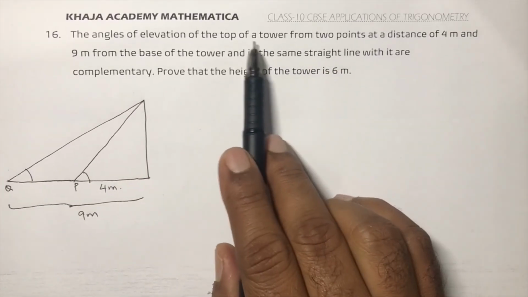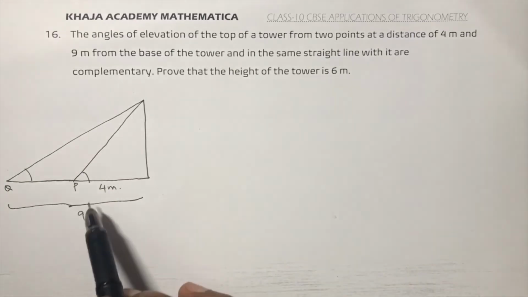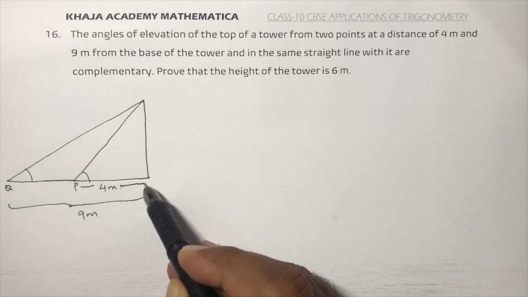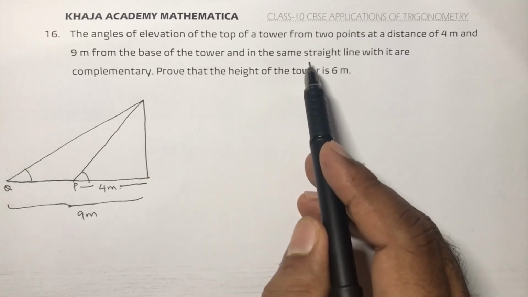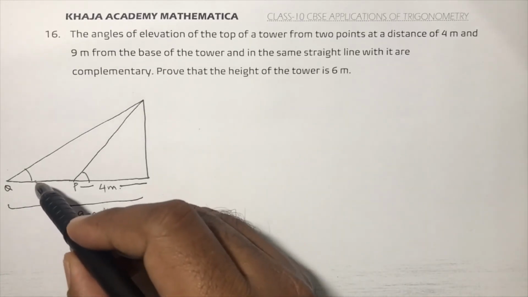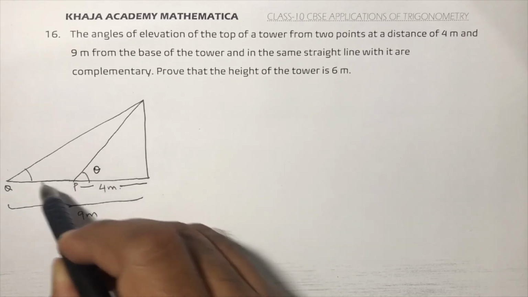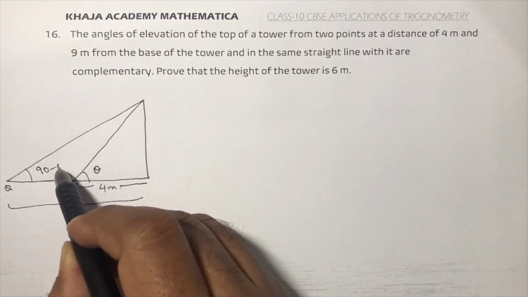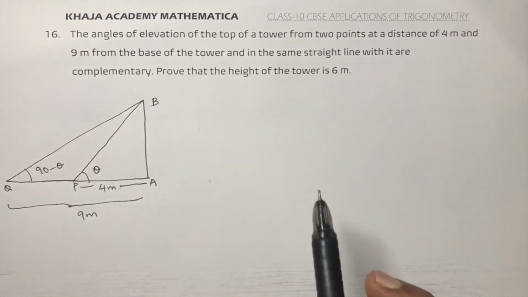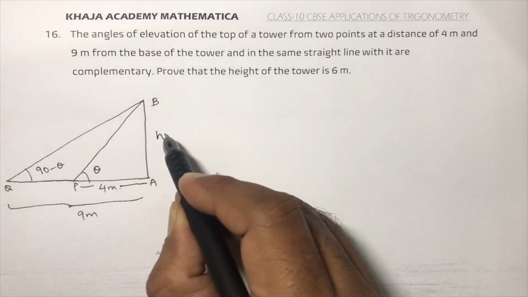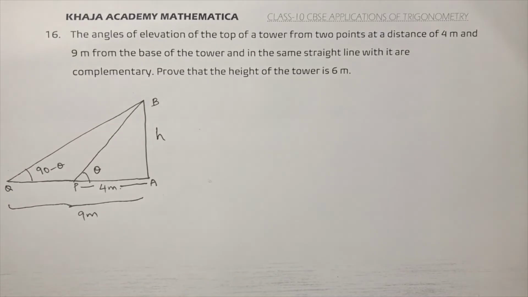The angle of elevation of the top of a tower from 2 points at a distance of 4 meters and 9 meters from the base of the tower and in the same straight line with it are complementary. So if I consider this as theta, this will be 90 minus theta. This AB is a tower. We need to prove that the height of the tower is 6 meters.